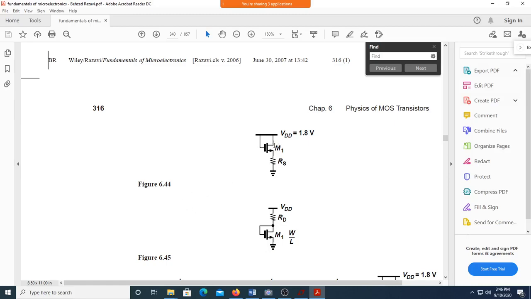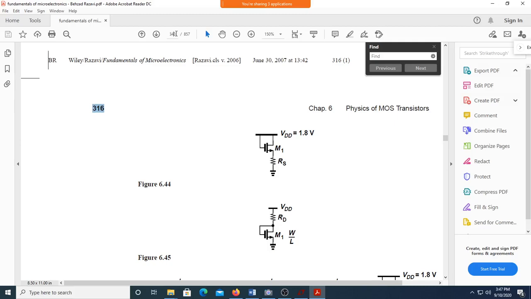Copied these two circuits, 6.44 and 6.45. They are actually on page number 340 of the document I shared with you. The page number of your PDF is not this page number, because on the sheet it is given as 316. The page number that I shared is this number, because you can edit it here.